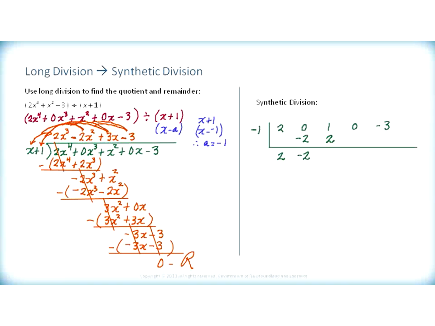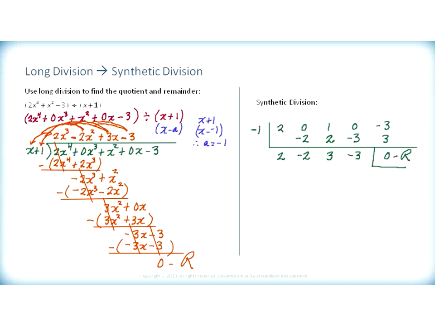Adding the third column, the sum is 3. Multiply 3 by a negative 1, and the product is a negative 3. Adding the fourth column, the sum is a negative 3. Multiply negative 3 by negative 1, and the product is 3. When you add the last column, you get 0, which represents your remainder.